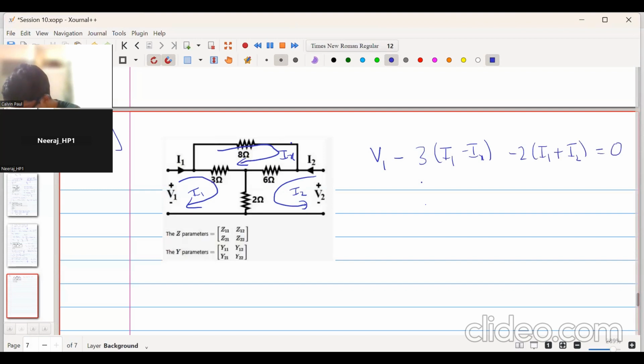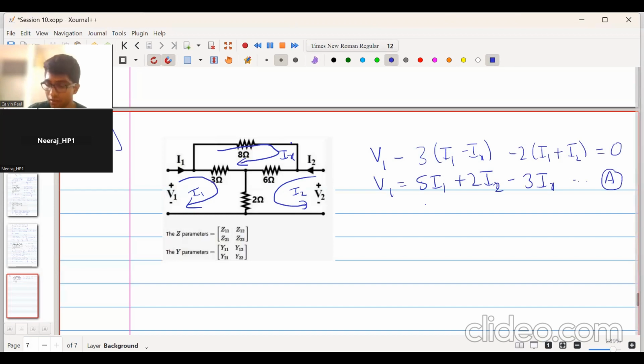So what do we get? We will get V1 will be equal to 5 into I1 plus 2 into I2 minus 3 into Ix. This is equation A. Any doubts in this?